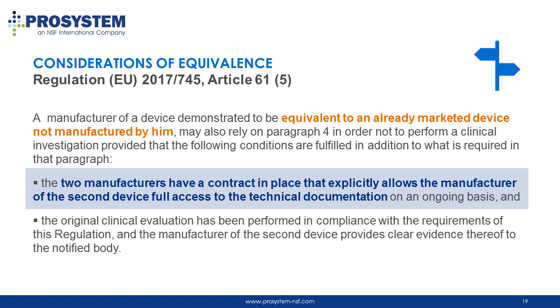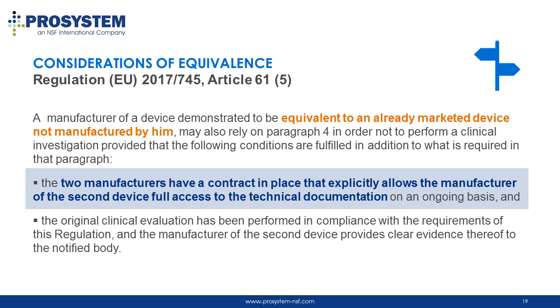If the equivalence route is an alternative for your clinical evaluation, you should take into account the requirements stated in paragraph 5 of Article 61. In case of an equivalent device, which is manufactured by another company, the two manufacturers shall have a contract in place that explicitly allows the manufacturer of the second device full access to the technical documentation.